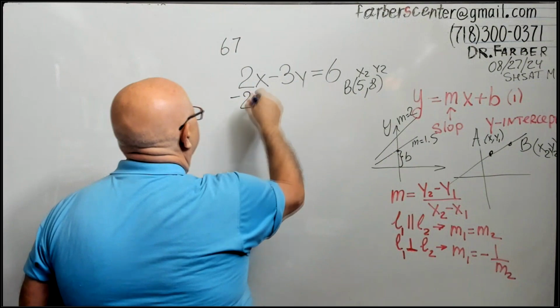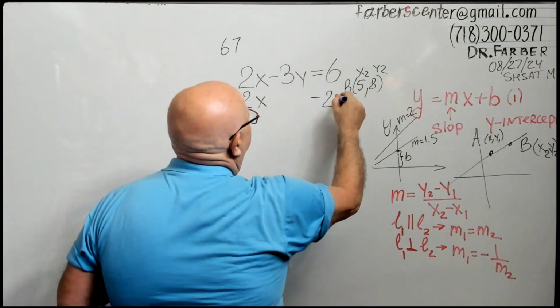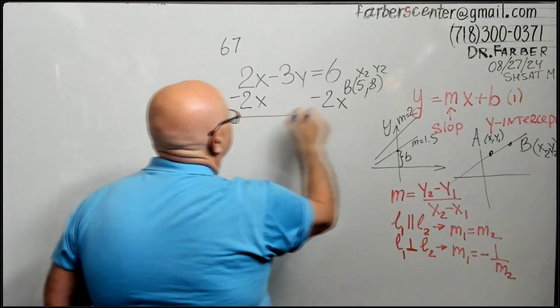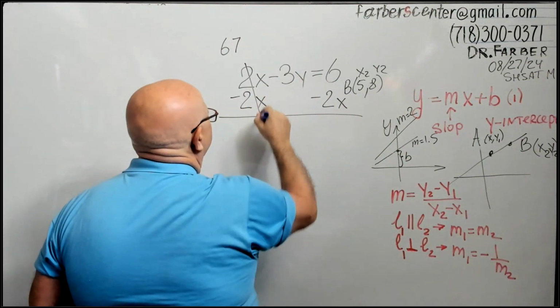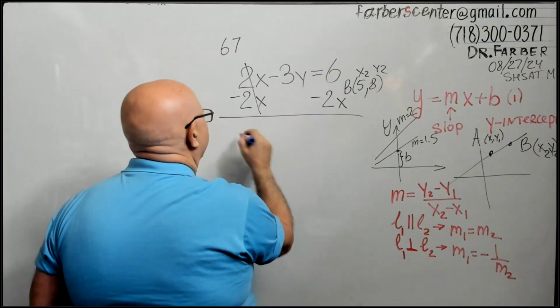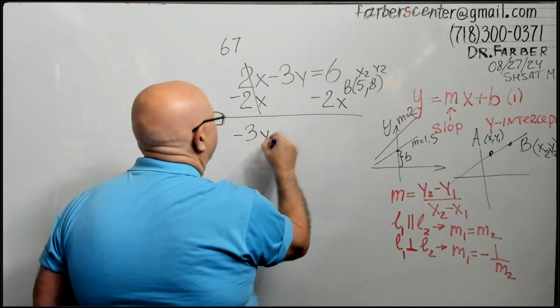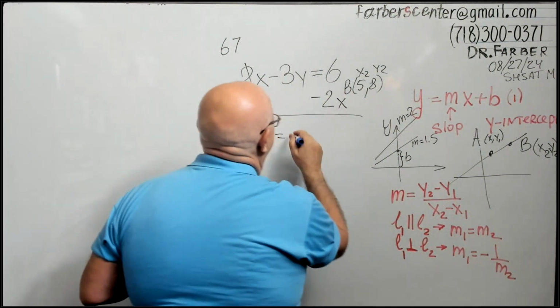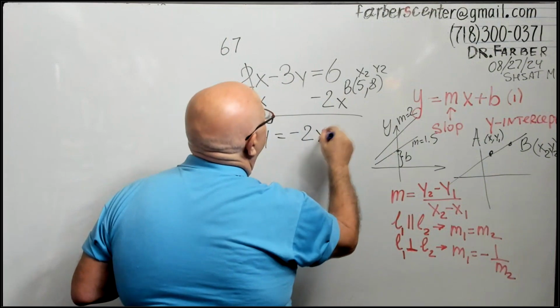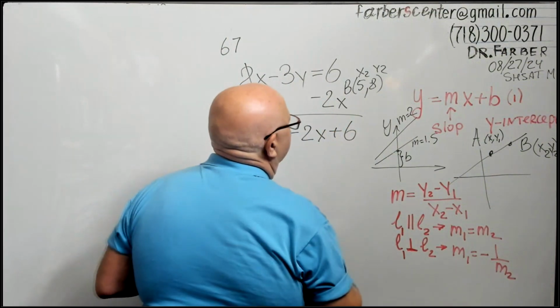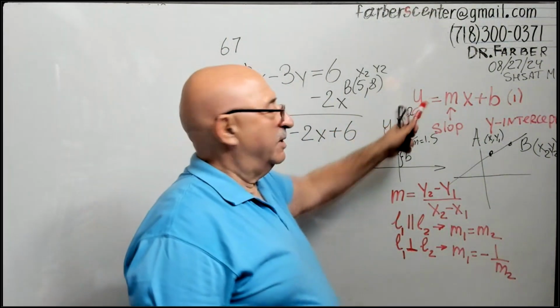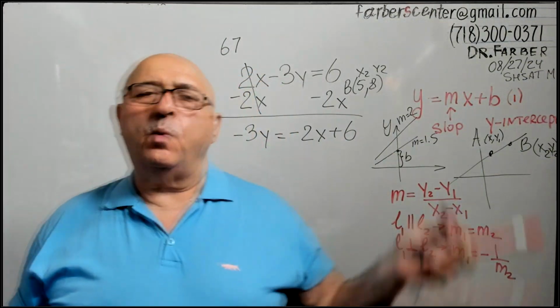Minus 2x and minus 2x cancel out. Negative 3y equals negative 2x plus 6. Easy. My goal, according to this canonic equation of a line, is to have y on the left part.